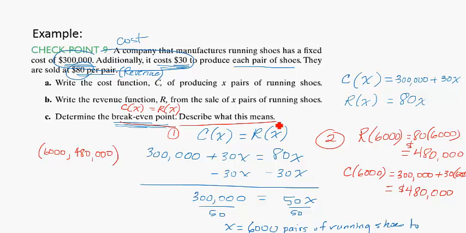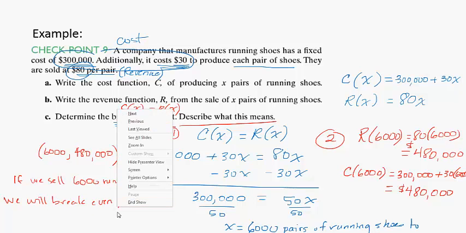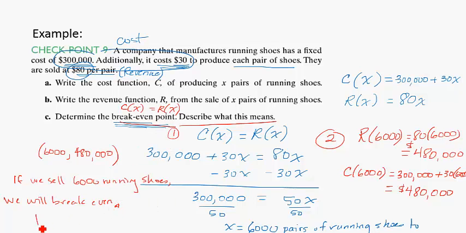And if you want to describe what that means, if we sell 6,000 running shoes, we will break even. In other words, our revenue will equal our cost. Okay.